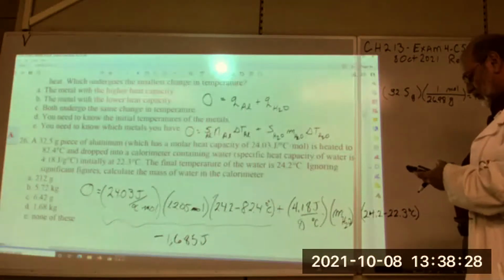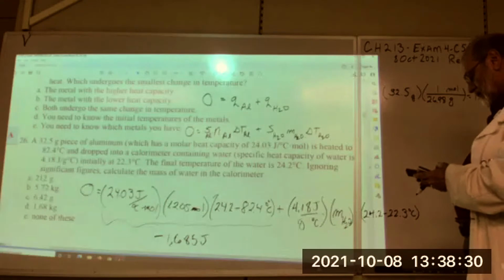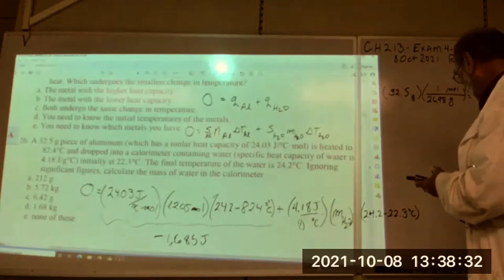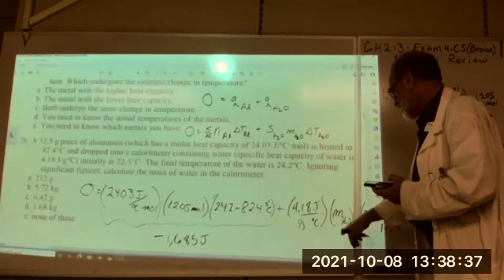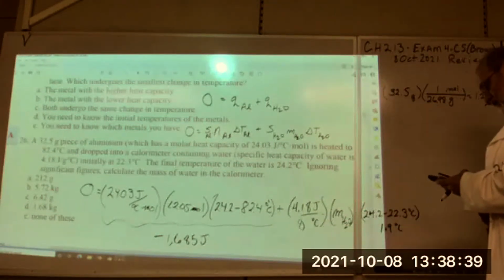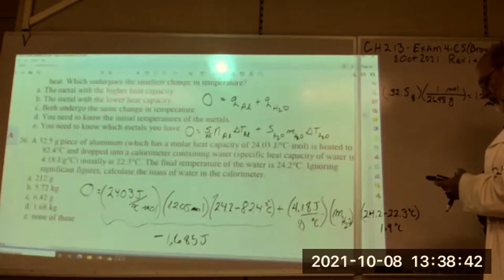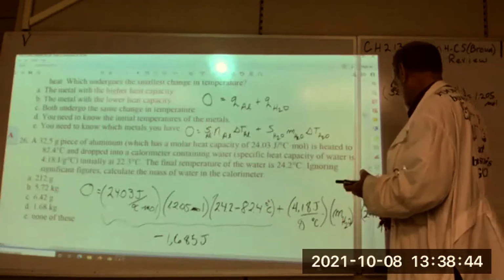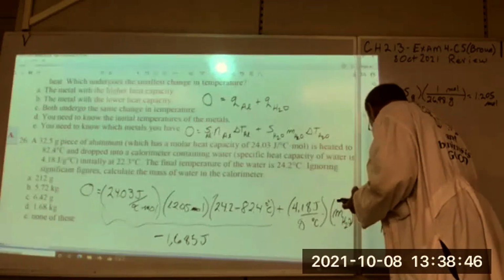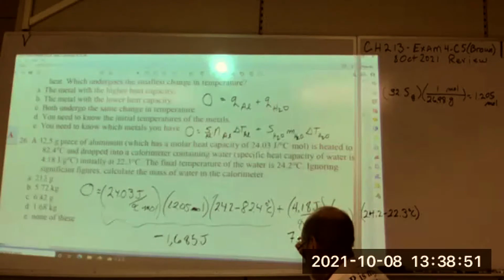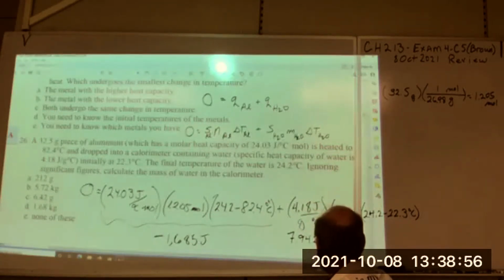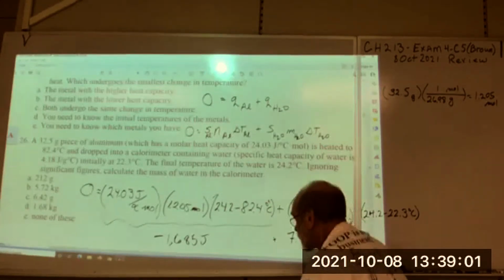This one, what is that? 24.2 minus 22.3. That's 1.9 degrees. Times this value, 4.18, is 7.942. So this term is 7.942 times mass of the water, plus, and that's equal to 0.